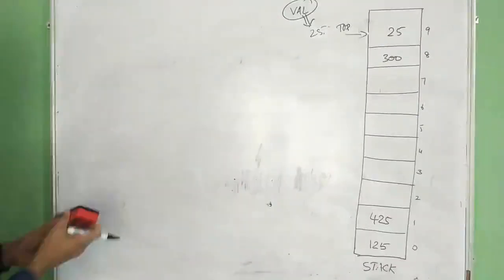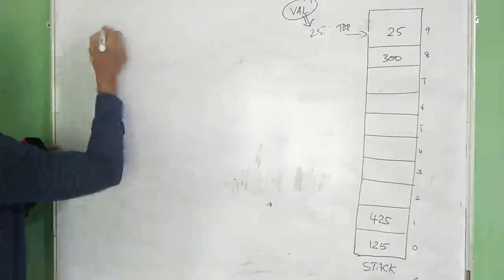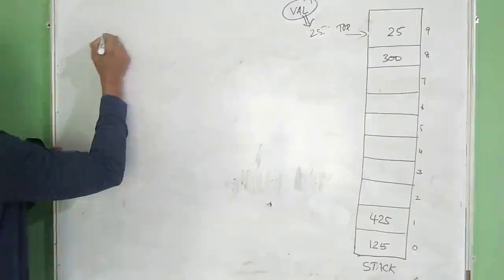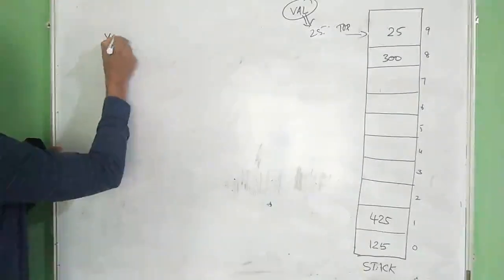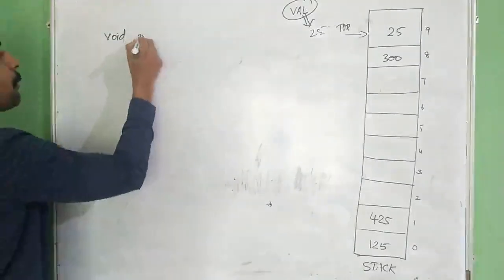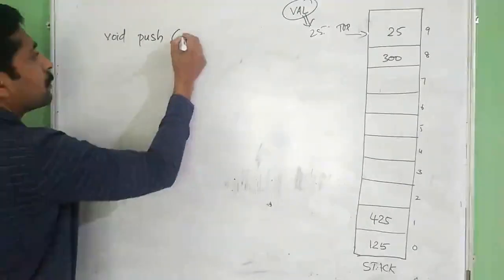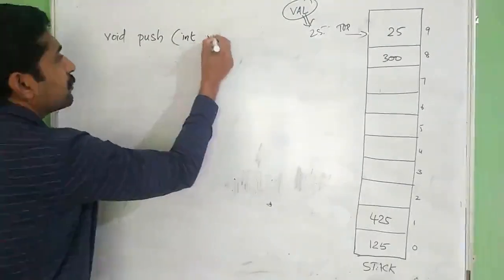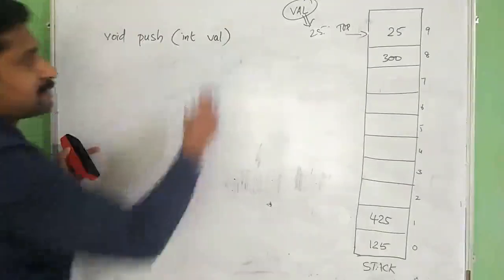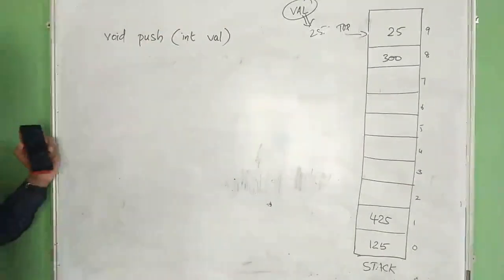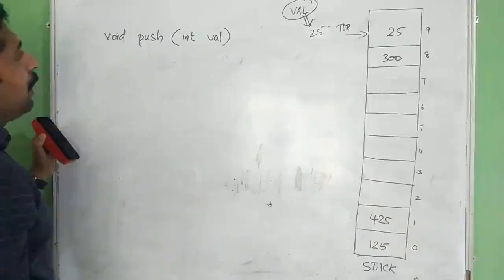We are writing a function, void push, int val. Let this be the value to be pushed, which comes as a parameter.